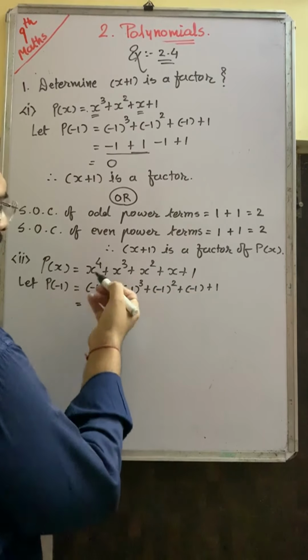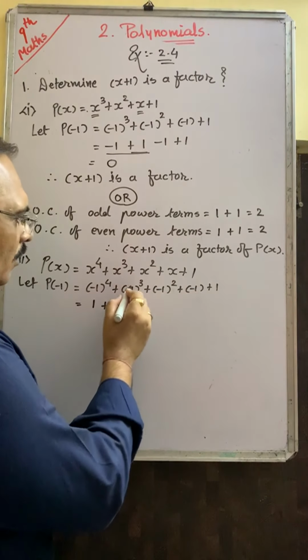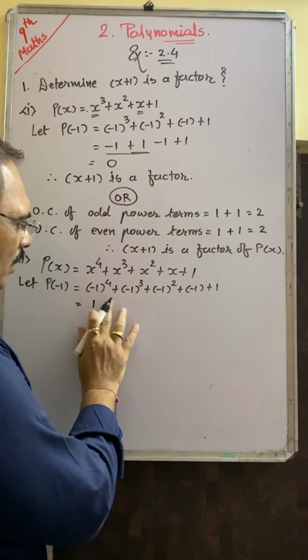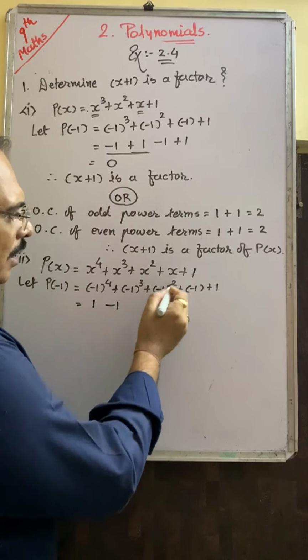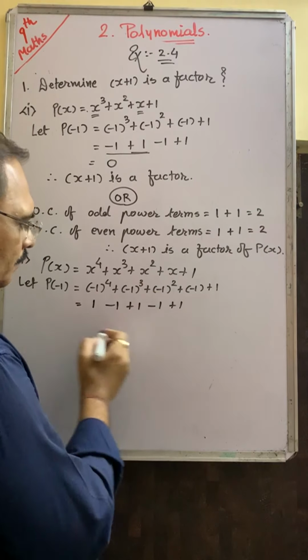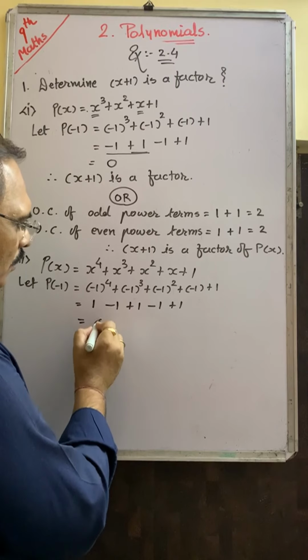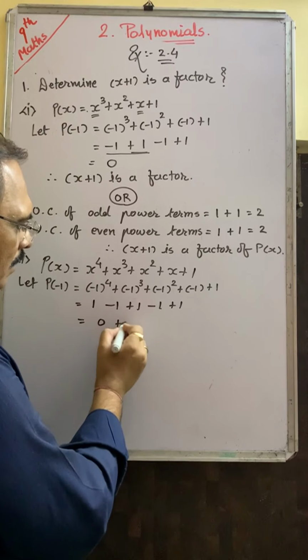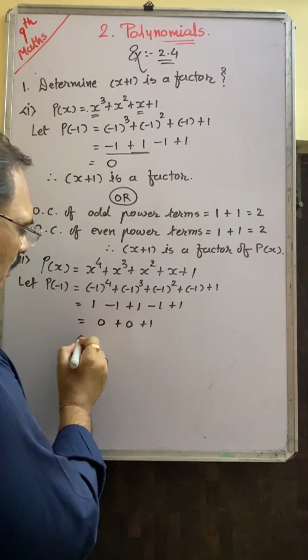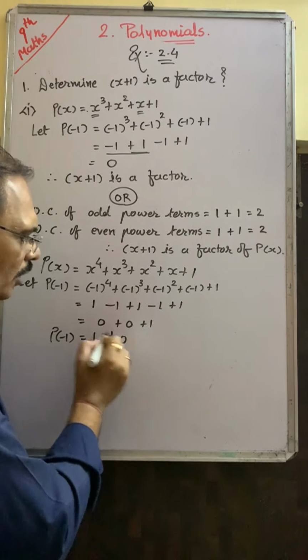Minus 1 raised to 4 power, that is even power, plus 1. Minus 1 cube is minus 1, so I write here minus 1. Even power means plus 1, plus minus minus 1, plus 1. See, 1 minus 1 is 0, 1 minus 1 is 0, remaining 1. So p of minus 1 equals 1, which is not equal to 0.